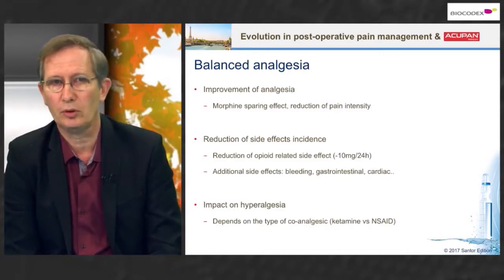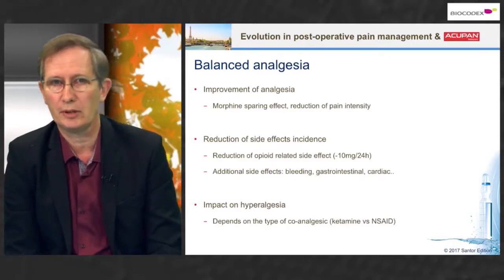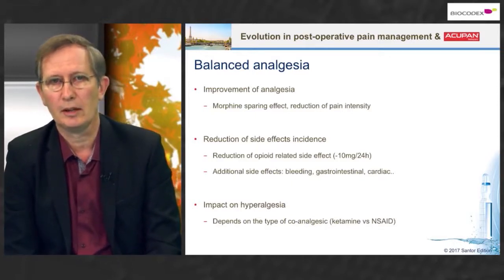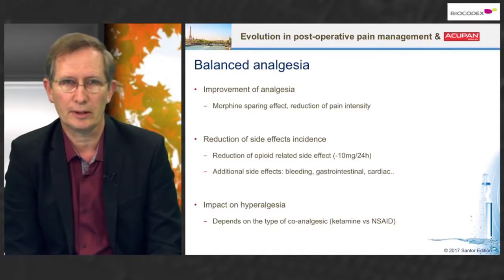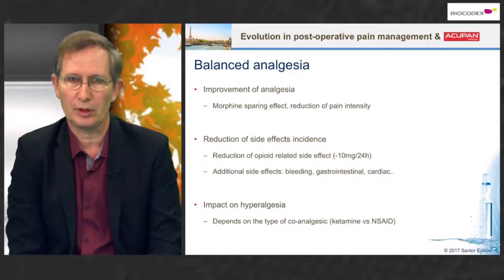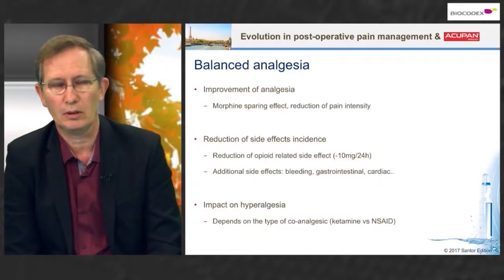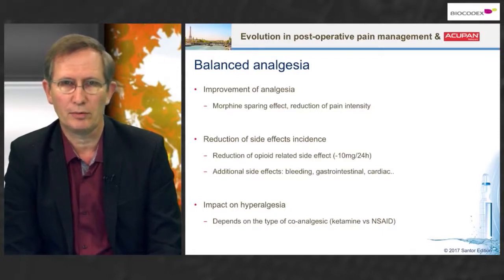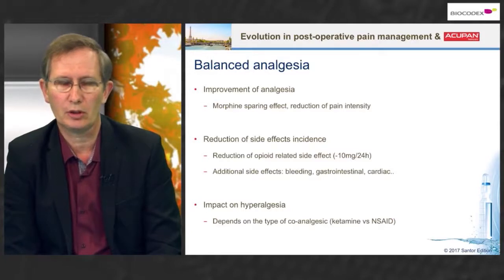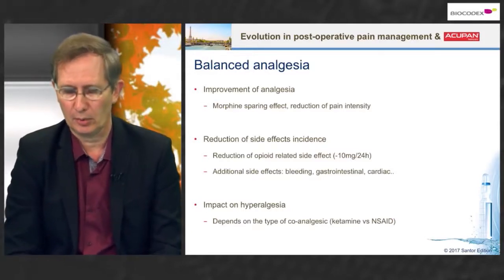For example, when you use non-steroidals, you can increase the risk of bleeding or gastrointestinal toxicity or cardiac problems. And each addition of a new analgesic can be responsible for additional side effects. And specifically, there is also the impact on hyperalgesia. The leader for anti-hyperalgesic drugs is ketamine, which is not the case, for example, for drugs like non-steroidals. As we discussed before, Acupan is also considered a slightly anti-hyperalgesic drug.